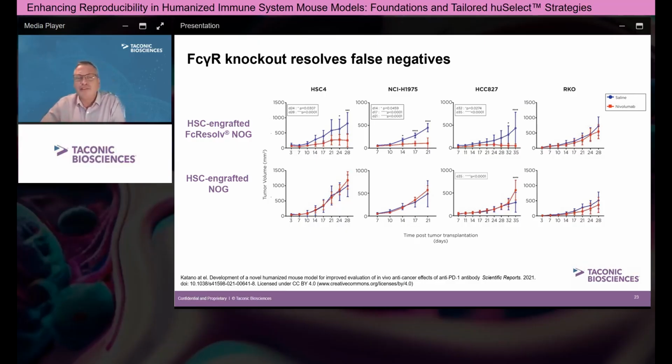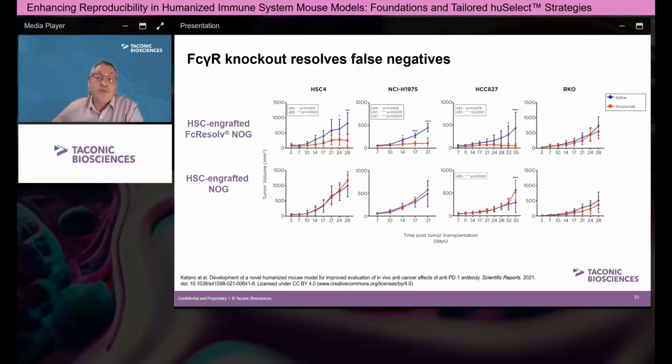Conversely, murine Fc gamma receptors can also introduce false negatives. On the top row here are 4 different types of tumors in humanized FC Resolve NOG, and the bottom are all just regular NOG that express murine Fc gamma receptors. You'll see here that the bottom showed only 1 tumor responding to nivolumab.